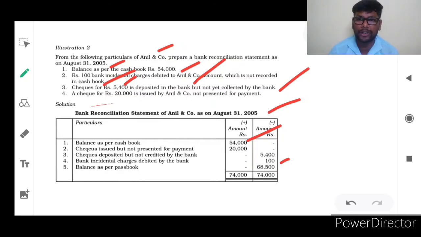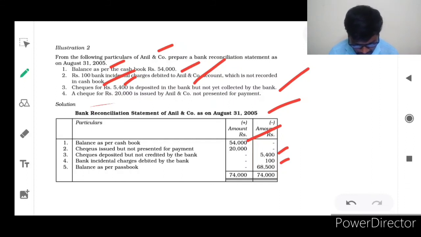As soon as you deposit the check to the banker, you debit it in your cash book bank column. But the bankers come to know it is an outdated check or mismatch, or a fake check or whatever it is. Then finally, they did not credit that 5,400 in your bank account. So after the passbook is printed, you come to know this detail. Anyway, these details will be deducted.